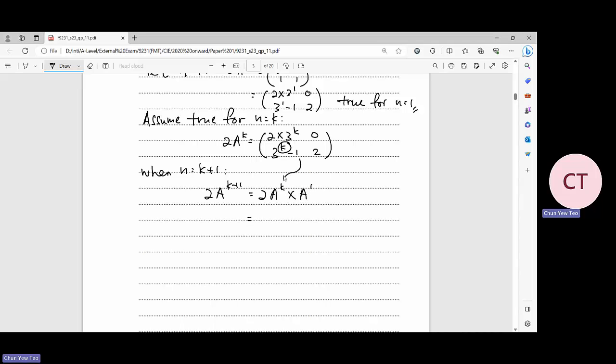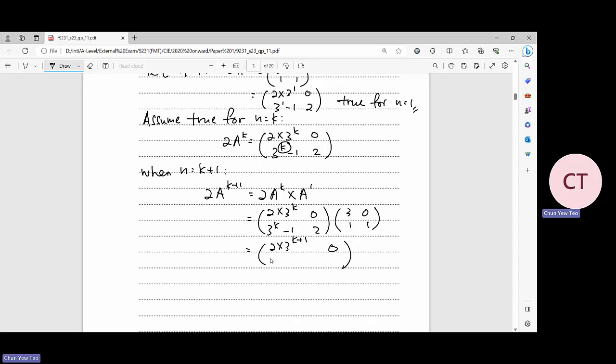Since we have the result for 2A to the power k, we copy it down. So it will be like this: 2 times 3 to the power k, 0, 3 to the power k minus 1, 2. And the A is given as 3, 1, 0, 1. If you expand them properly, you will get 2 times 3 to the power k plus 1, and you get a 0 here.